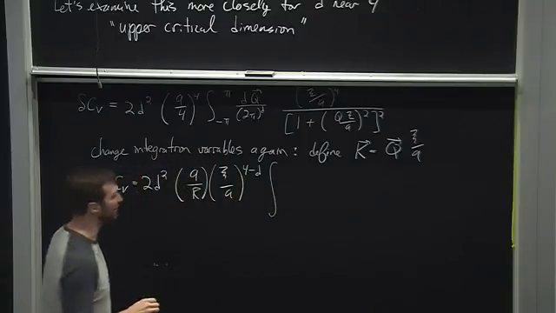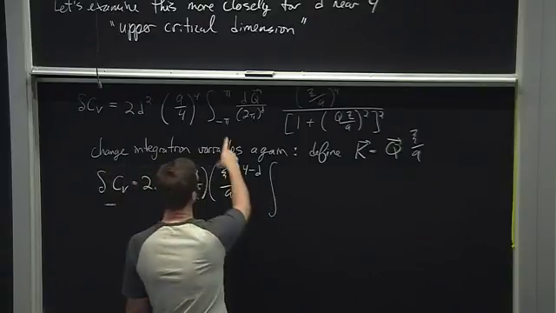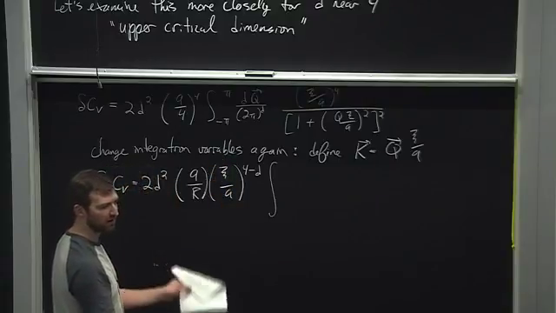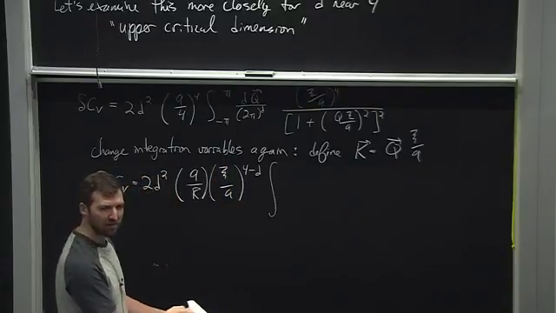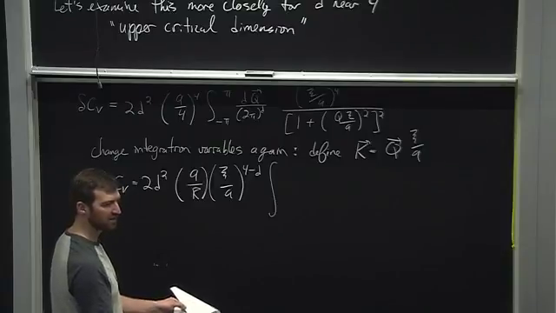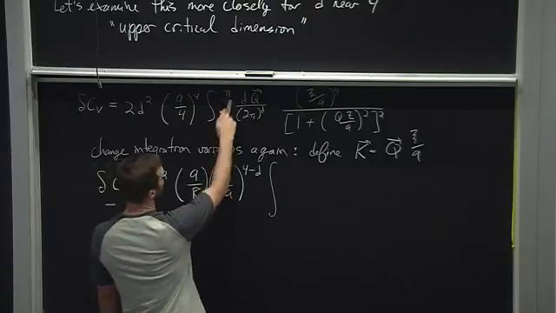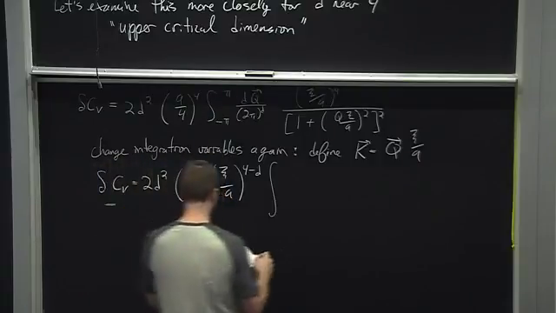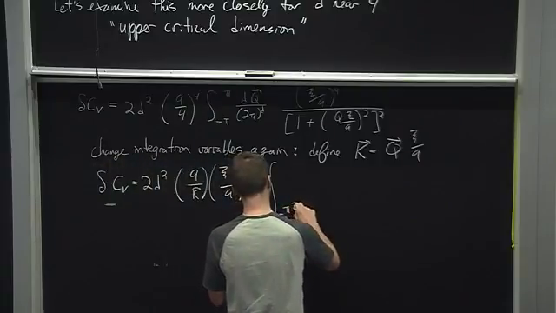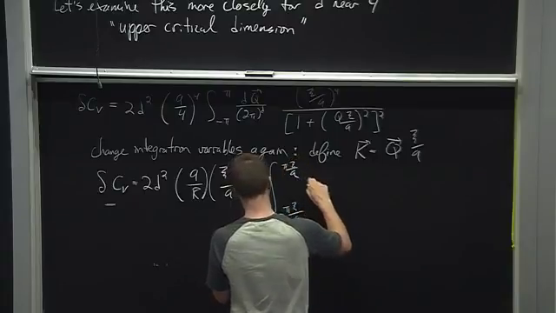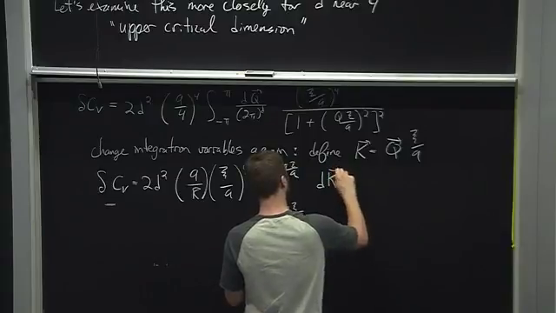We have to change the limits of integration. Originally they went from minus pi over a to pi over a because we have a periodic system, and that's the first Brillouin zone. That's all we have to consider. We rescaled it, so it's just minus pi to pi. Now we're rescaling it again, so it's minus pi d over a to pi d over a. K is our momentum.